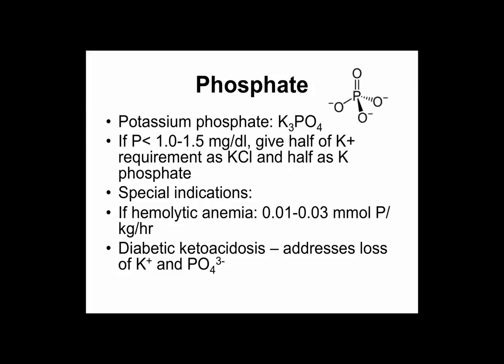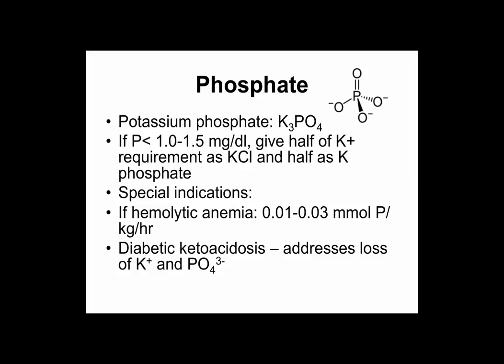What about phosphate? Now, phosphate, usually given as a solution of potassium phosphate, is indicated when phosphate becomes low, usually less than 1 to 1.5 milligrams per deciliter, because of the tendency for a hemolytic process occurring with red blood cells. You'll often see potassium and phosphate falling, sometimes with magnesium as well.